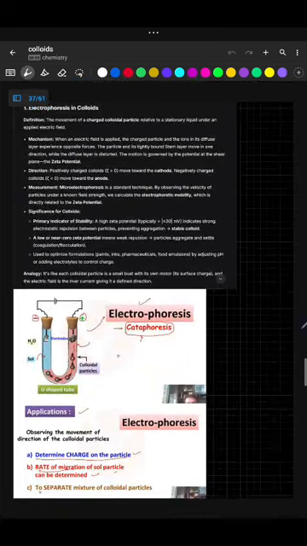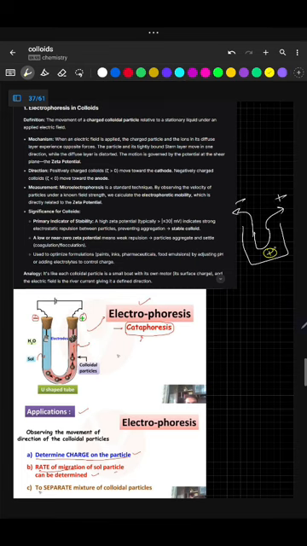If I try to give you an idea of electrophoresis, this property proves that colloidal particles are charged. When you place a colloidal solution in a U-tube with electrolyte, where one side is positive and the other is negative, the positive particles in the solution will go to the negative side, and the negative particles will go to the positive side.